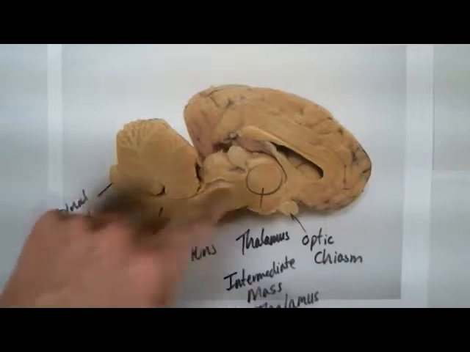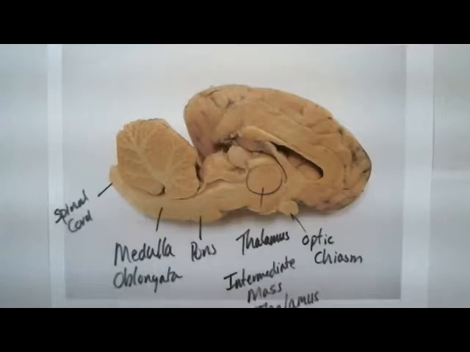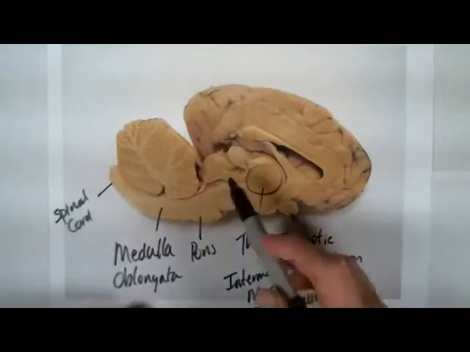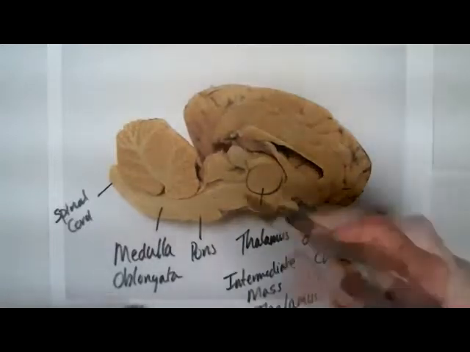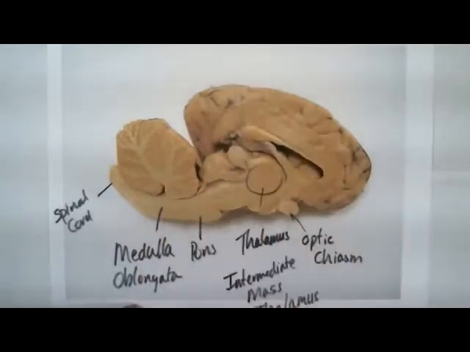Now, let's go ahead and move to the superior side here. We've talked about this in class a little bit, but we need to talk about the corpora quadrigemina, which is a set of four. That's what the quad means. You have these four bodies called colliculi, and there are four of them. We're only going to be able to see a side view of two here.